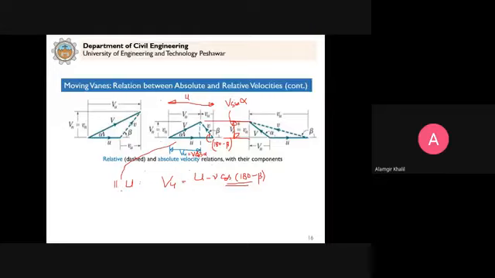You already know previously, you studied in mathematics, cos of alpha minus beta is equal to cos alpha cos beta plus sine alpha sine beta.